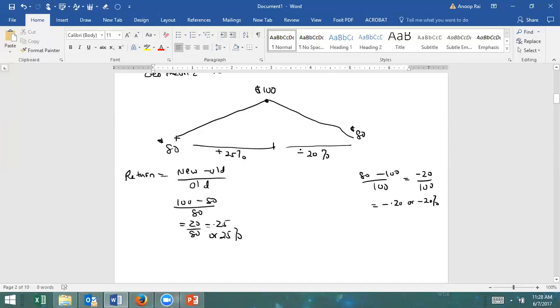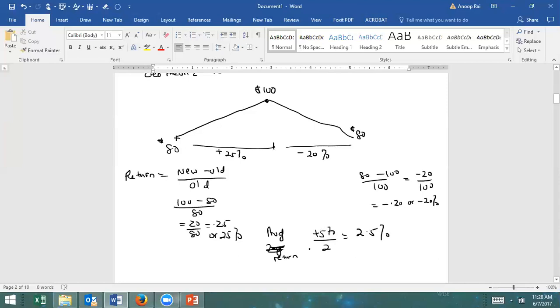Now, can I claim, therefore, that I made 25% in the first year? I made negative 20 in the second year, so that I'm still up by 5% for 2 years. So my average 2-year return, or rather, my average return is plus 5% divided by 2.